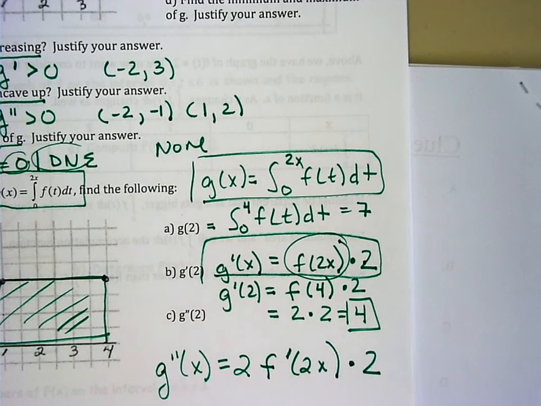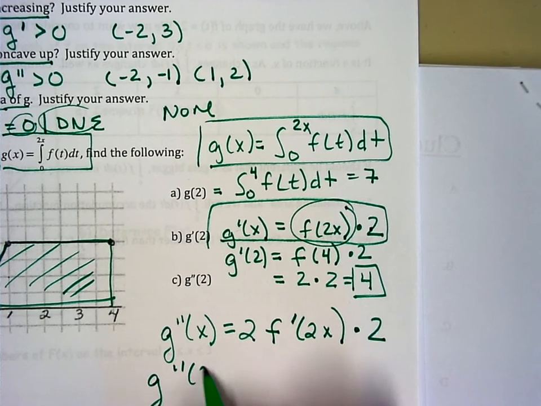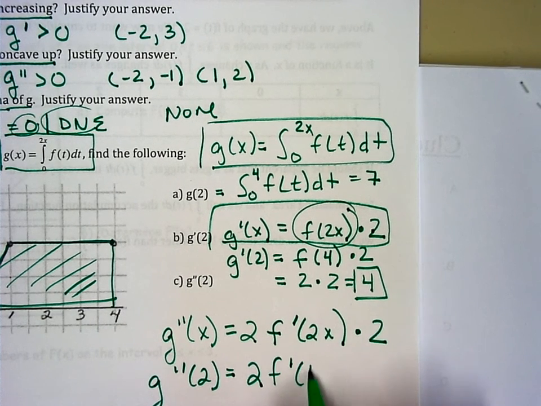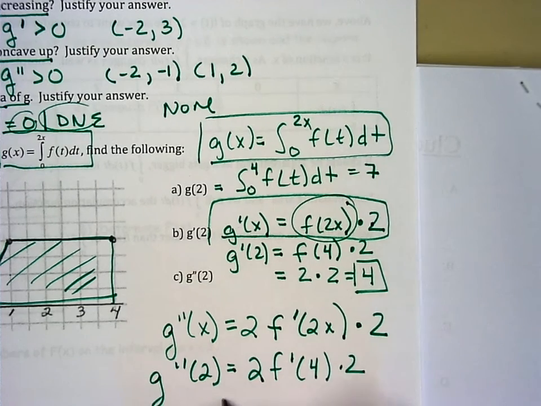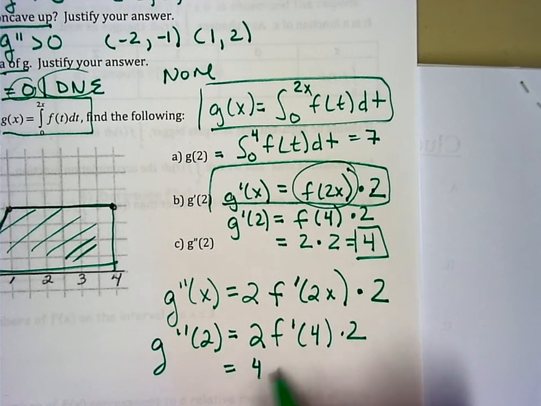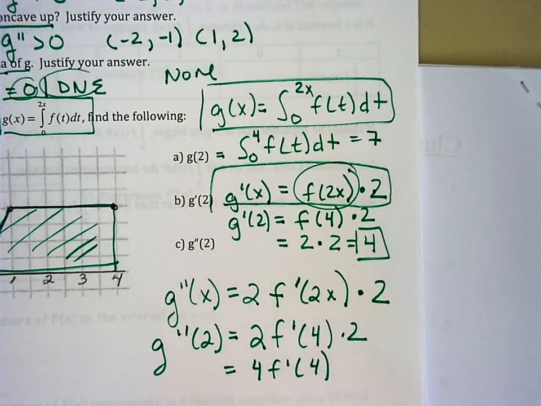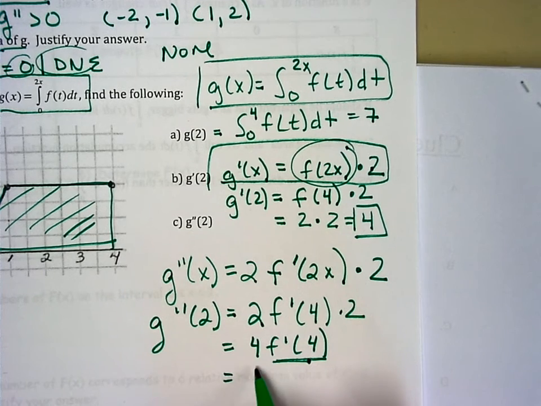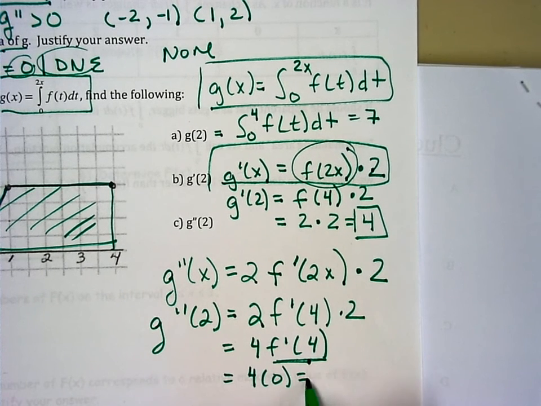It's your chain rule again. So g double prime of 2 would be the same as 2 f prime of 4 times 2. I'm going to simplify a little bit, which is 4 f prime of 4. So I can look on the graph to figure out what the slope of this graph is at 4. Well, at 4, it's a horizontal line, so the slope of the graph at 4 is 0. So this is going to be 0.